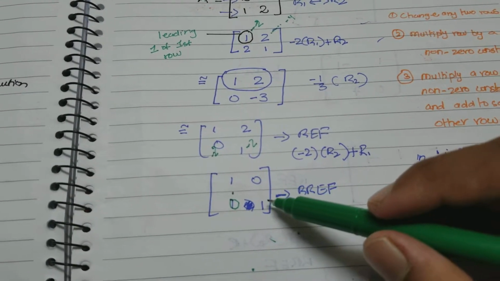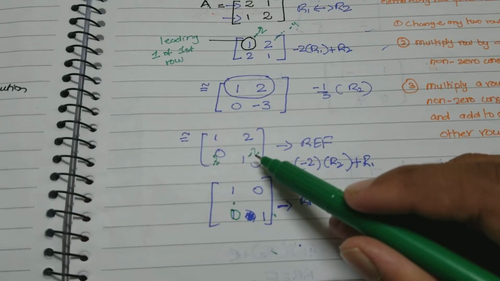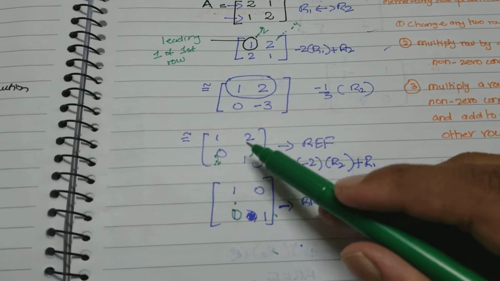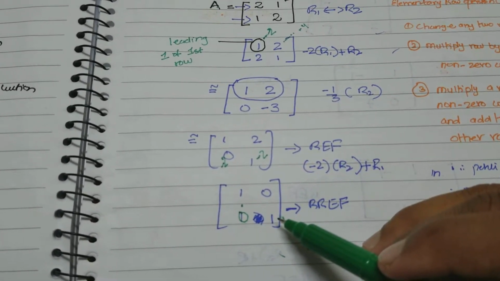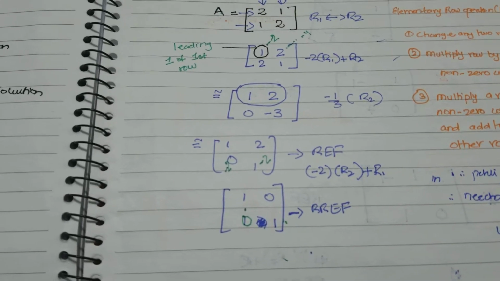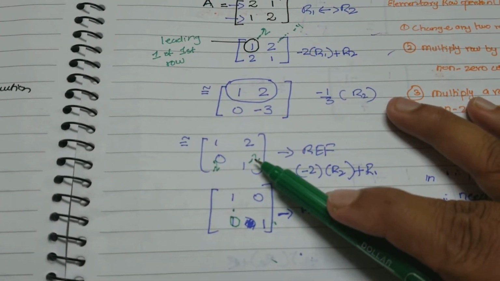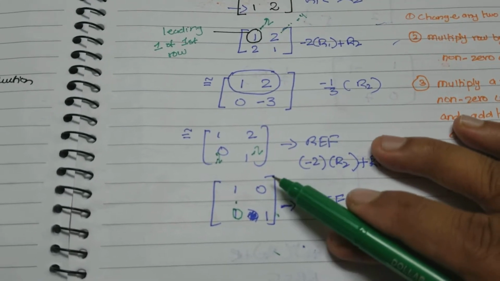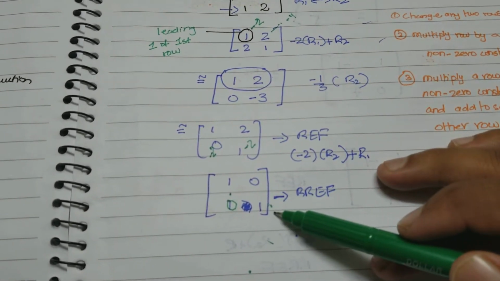I made a little correction here. Then negative 2 added into this row, 1 minus 2 is minus 1, and minus 1 plus 2 becomes 1.